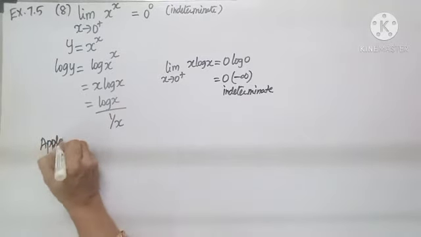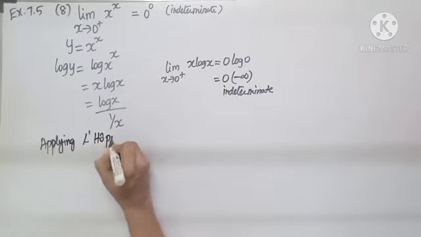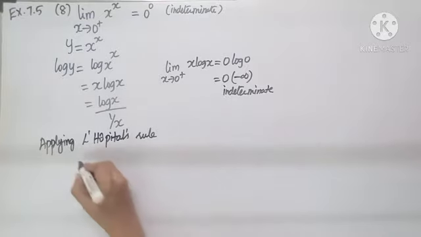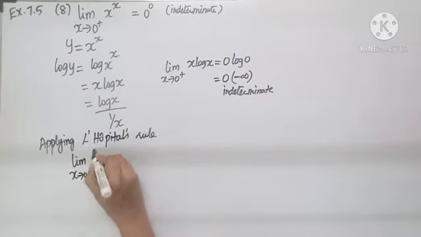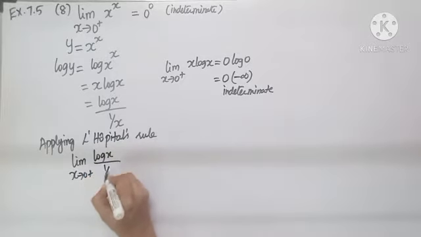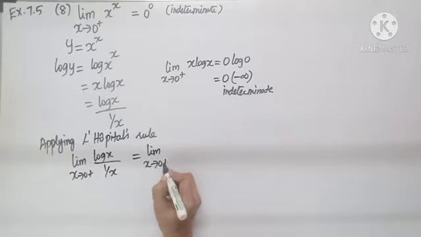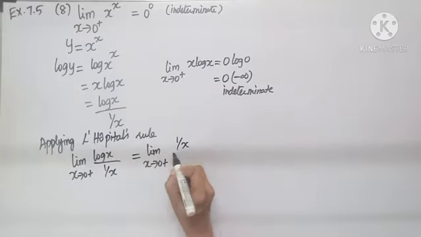Applying L'Hopital's rule, we differentiate the numerator separately and the denominator separately. Limit x tends to 0 plus log x by 1 by x. Derivative of log x is 1 by x.